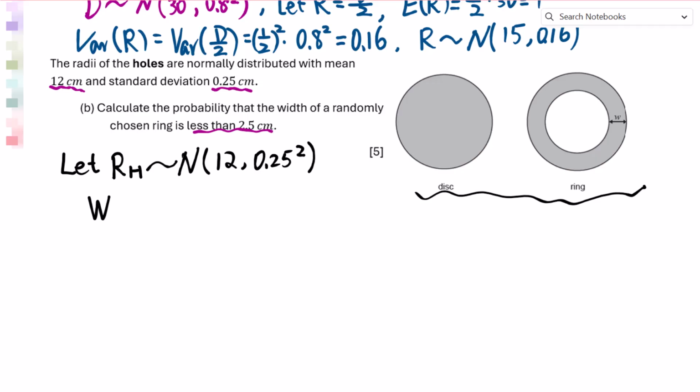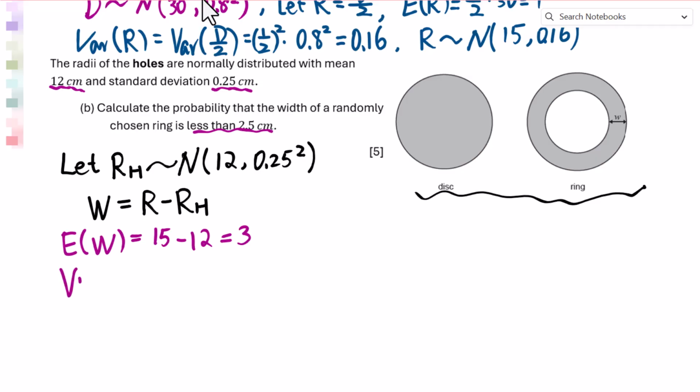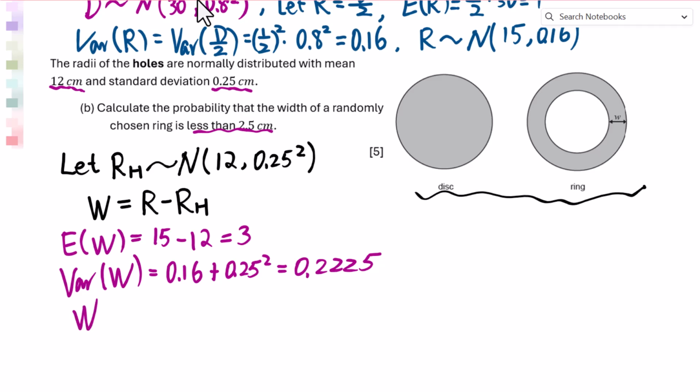Also let W equal R minus R_H. So E of W equals 15 minus 12 equals 3. Variance of W equals 0.16 plus 0.25 squared equals 0.2225.